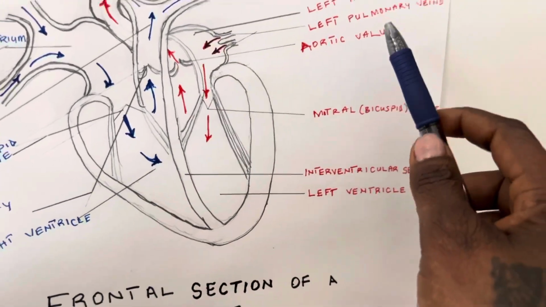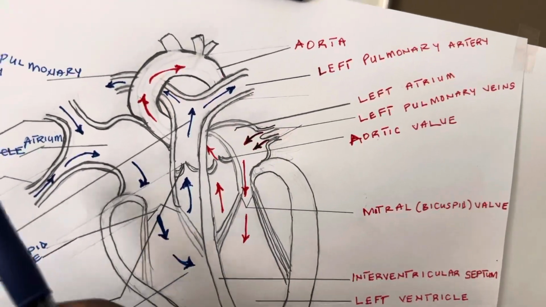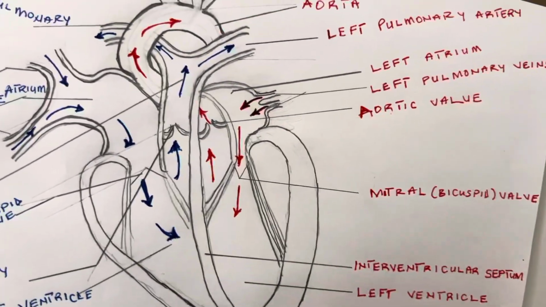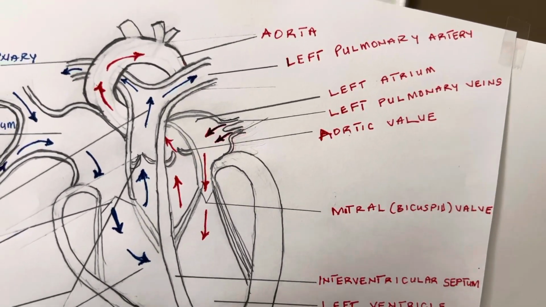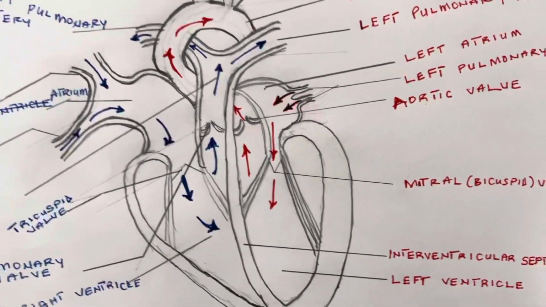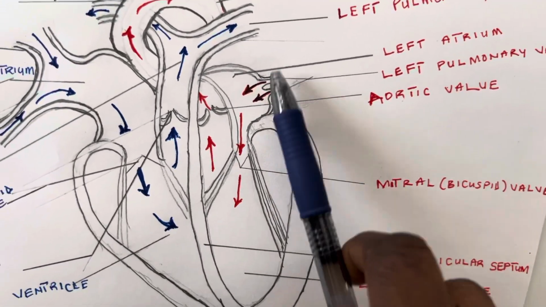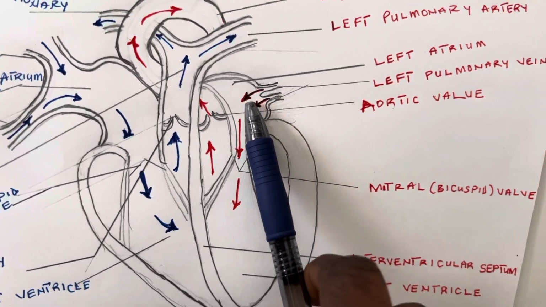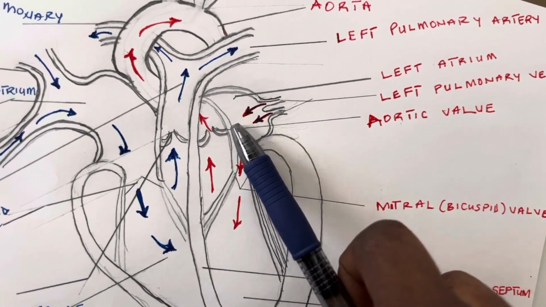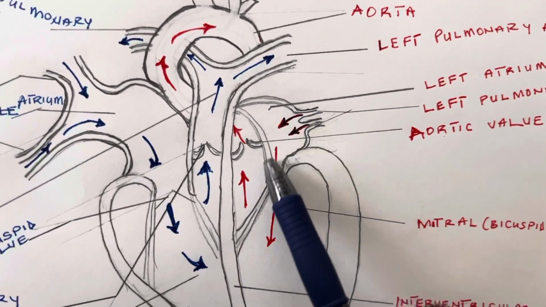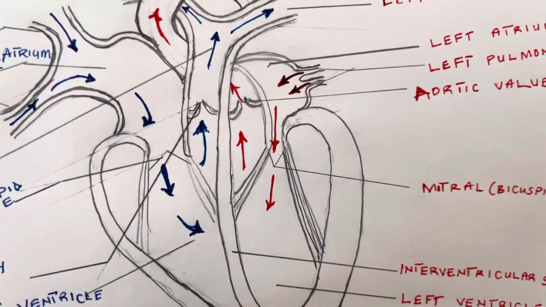We do have the right and the left, but I couldn't bring the right pulmonary veins, but we do have two of the veins there also from the right side at the back. But this here is my left pulmonary veins, which I indicated with these red arrows, indicating that the blood has been oxygenated and is coming into the heart through this left atrium.